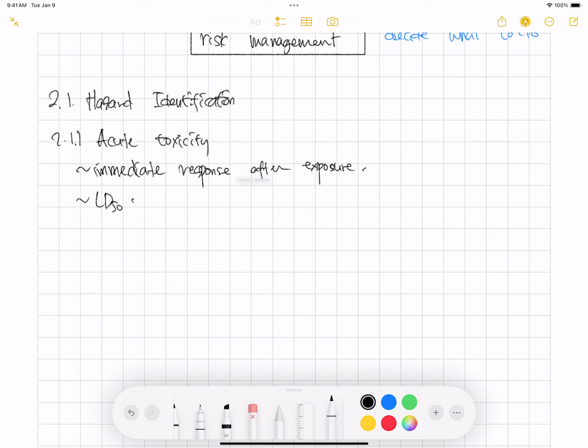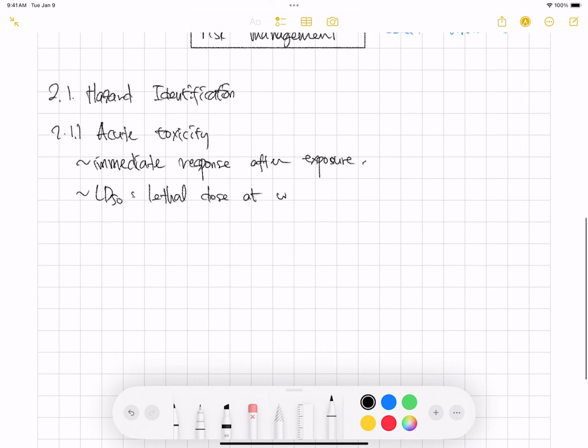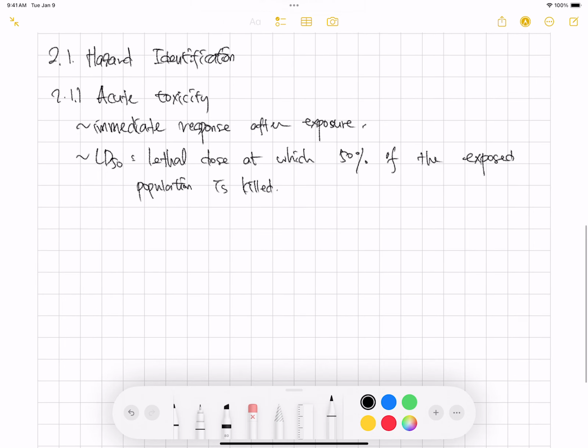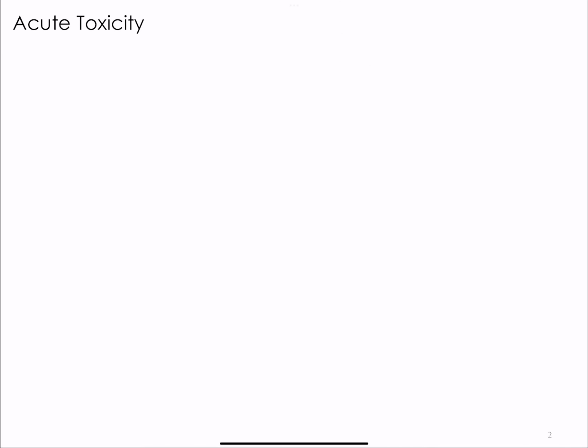LD50 is short for lethal dose at which 50% of the exposed population is killed.